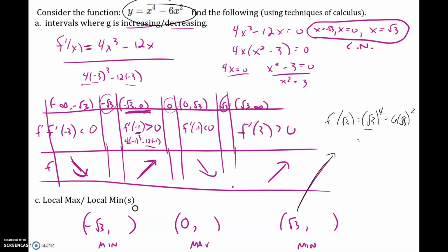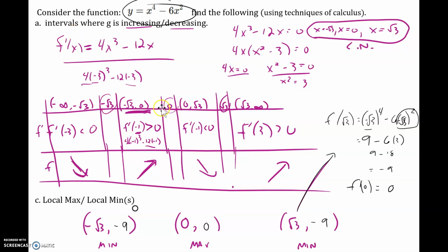Root 3 to the 4th is 3 squared, that's 9, minus 6 times root 3 squared, which is 3. So that's 9 minus 18, which is negative 9. So I have a minimum there. And I'll get the same thing here. If I make that negative, since these are even powers, it'll come out to the same result. And of course, if I plug 0 into my function, I get an output of 0.